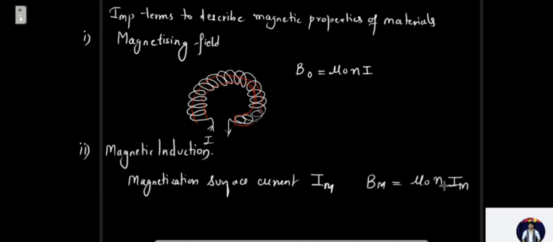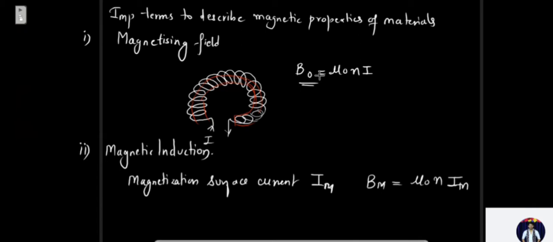Why are these magnetization surface currents generated? Because there are magnetic moments which align themselves. Why do the magnetic moments align themselves? Because of this magnetizing field. You are applying the magnetizing field. That is why the magnetic moments of the atomic current loops of that particular magnetic material align themselves along the magnetizing field.